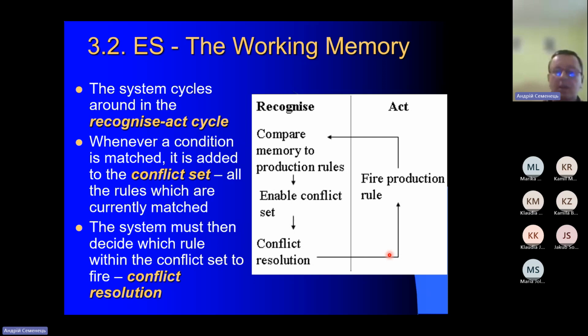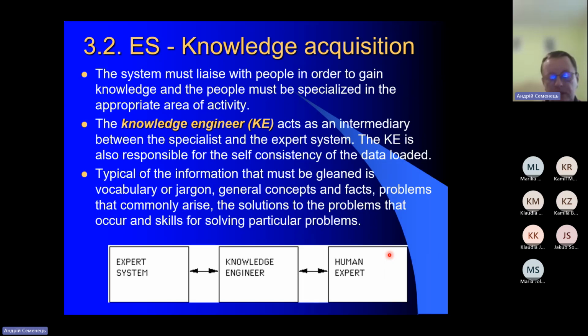Usually, in a really complex system there will be multiple rules that the concurrent case under investigation can match. So the conflict set creates a number of suggestions about possible decisions, possible diagnoses based on a given set of symptoms, and then a conflict resolution process has to be run, which will eliminate those conflicts which are not reliable or not related to the given specific situation.